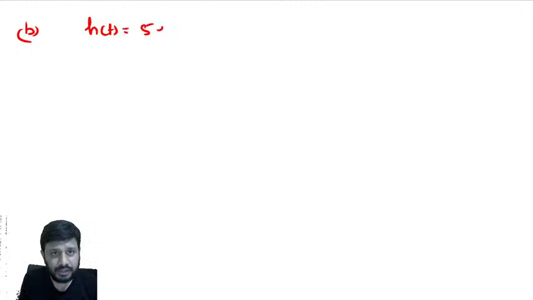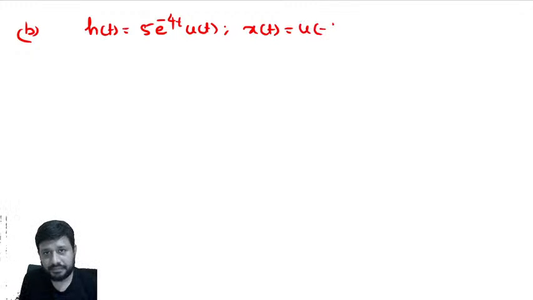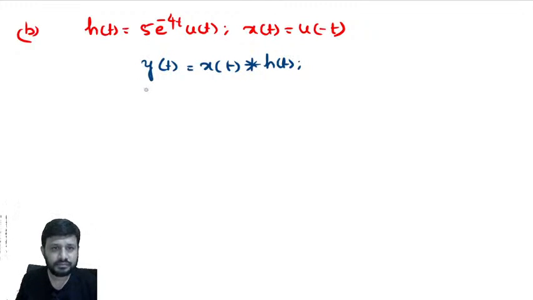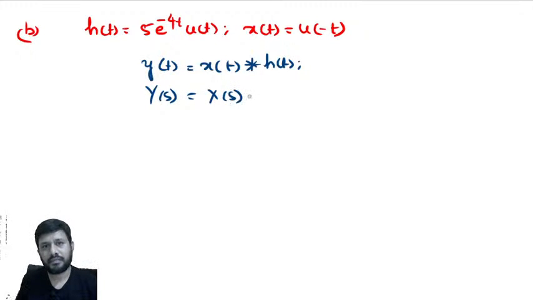h of t is equal to 5 e power minus 4t u of t, but x of t is equal to u of minus t. y of t is equal to x of t convolved with h of t.